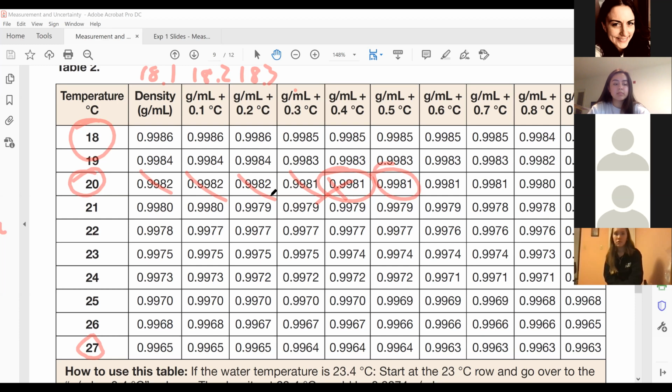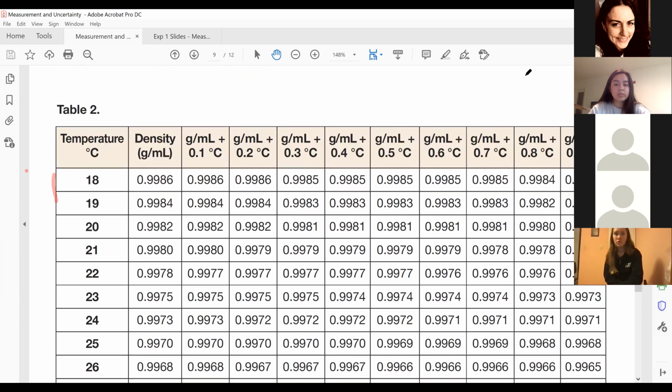Yeah, you lost me about 5 minutes ago. Oh dear. With what part? This table. Oh, the table. The table is the density of water. So let me just go down here.